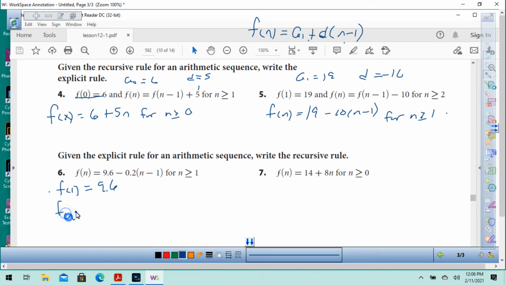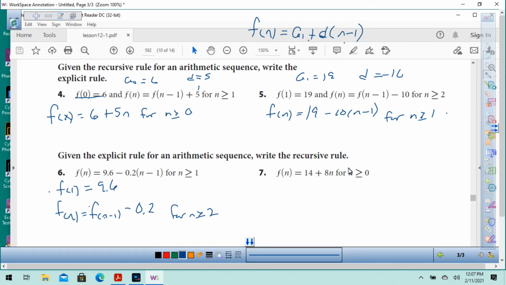So f of n is going to be 9.6, and then we got a 0.2 here. So we're going to say minus 0.2. I'm sorry. f of n minus 1 minus 0.2. And that's going to be for n is greater than or equal to 2, because it started at 1, right?